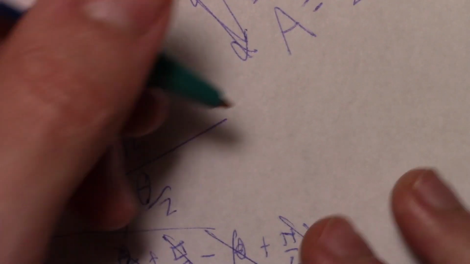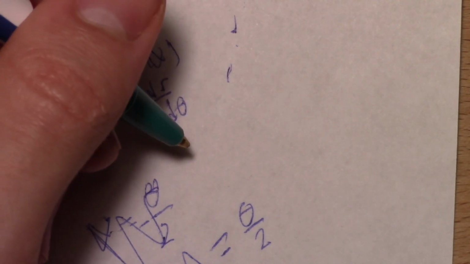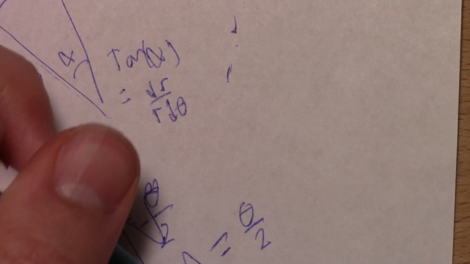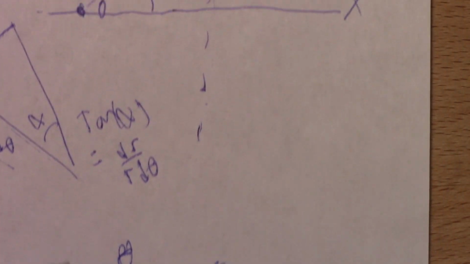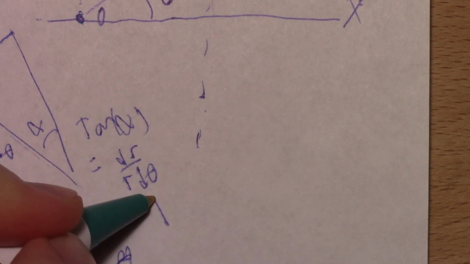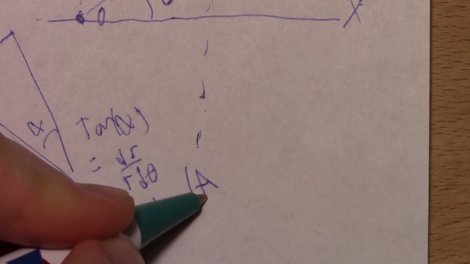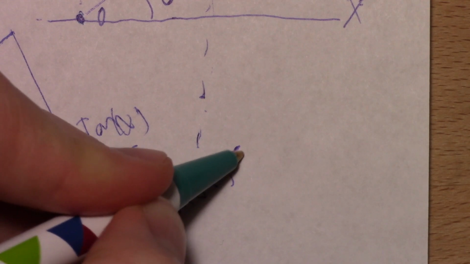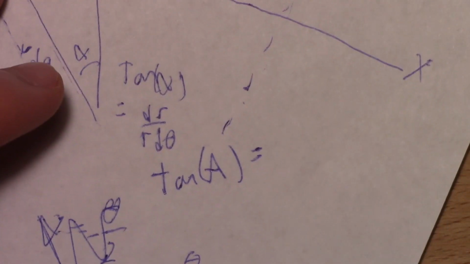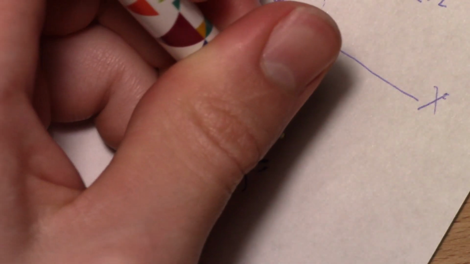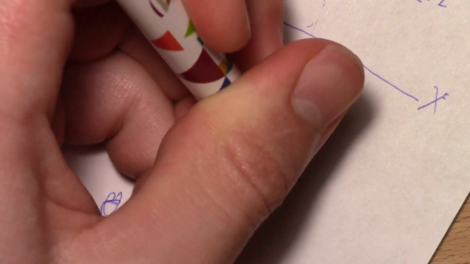So up here, we'll just say A is defined to be the absolute value of alpha, just to be formal. Tangent of A, big alpha, equals dr over r d theta.